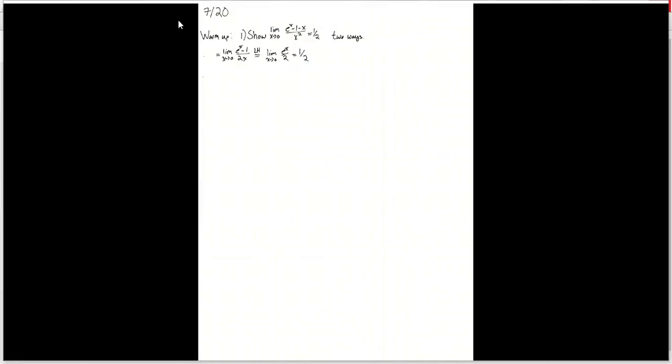So another way of doing this problem is to actually plug in the power series for e to the x. So if we do that, we're going to have that the limit as x approaches 0, and here I'm going to start listing some terms for the power series.